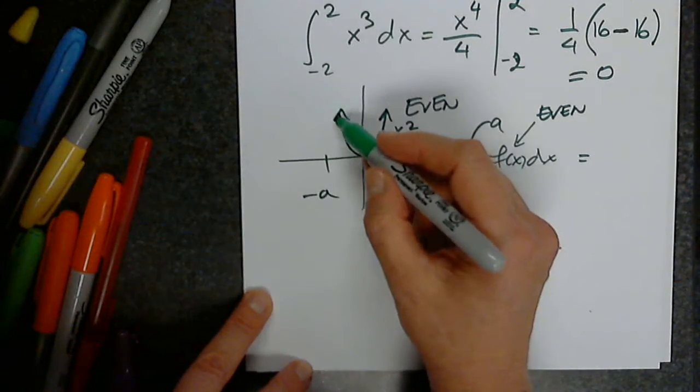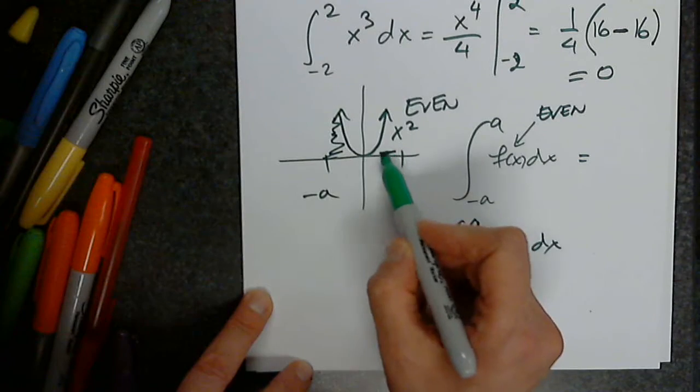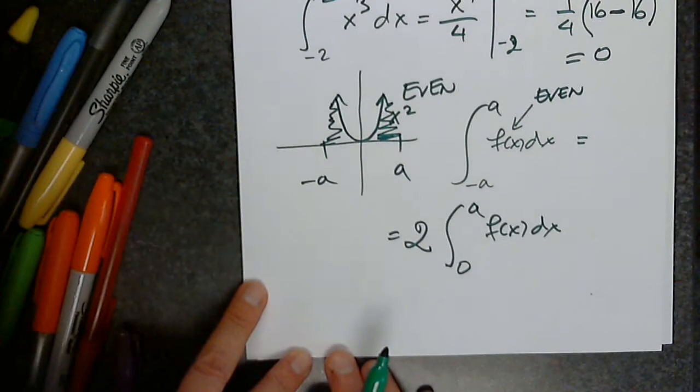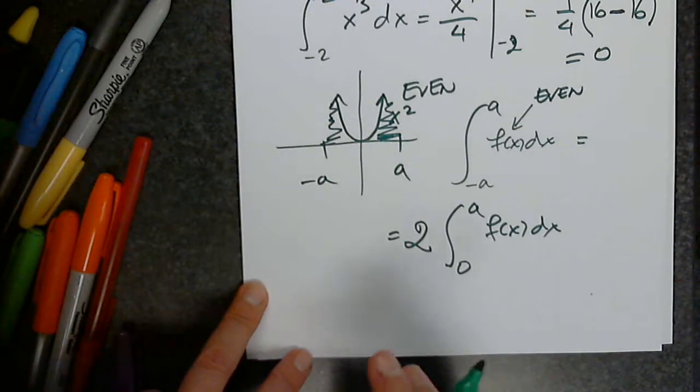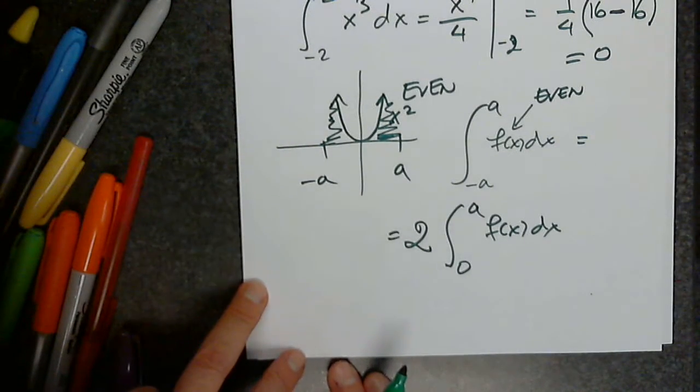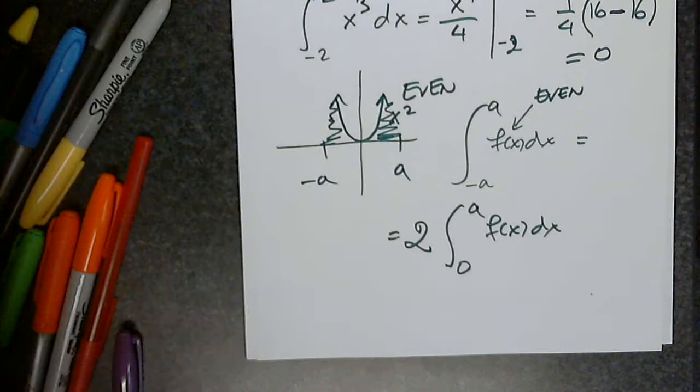Whatever this area is will equal this, and it's easier to calculate twice the area from 0 to a than to calculate the area from negative a to a. Since the function is even, the answer will not be 0. Any questions? Any questions for me?